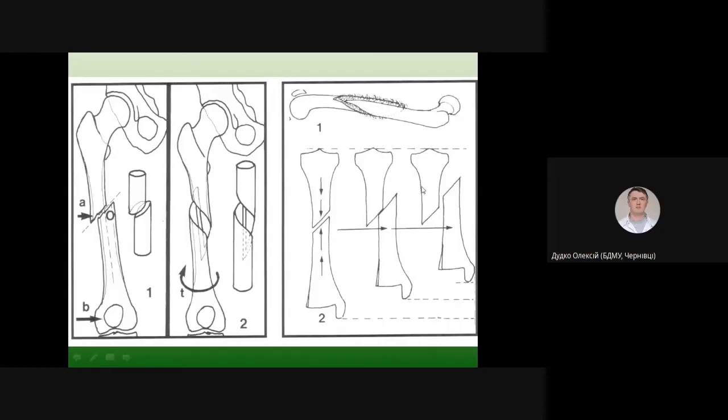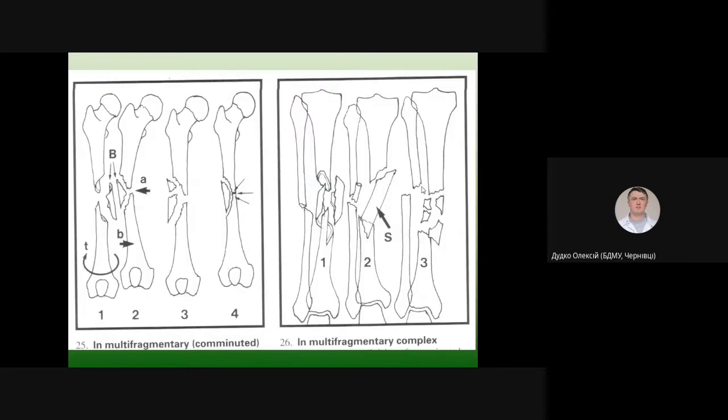For unstable fractures, we usually combine two techniques. First, we apply skeletal traction until the soft callus is formed, and then we can apply a POP bandage till the end of the fracture healing process.